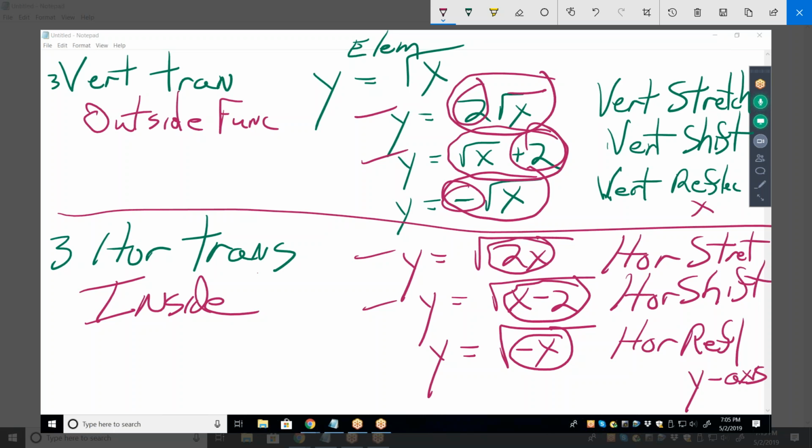So that's the basics, and you need to memorize those 6. And it can apply to any function. It doesn't have to be square root of x. It can be x squared or x cubed. Any elementary function, all of these transformations occur. So let me test you. Let me erase that.